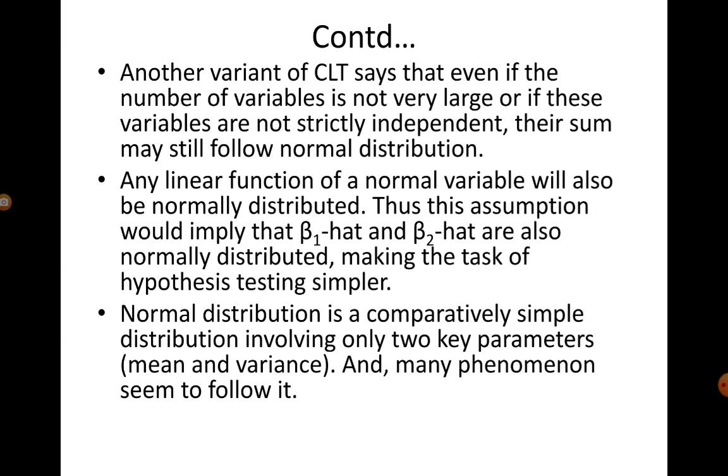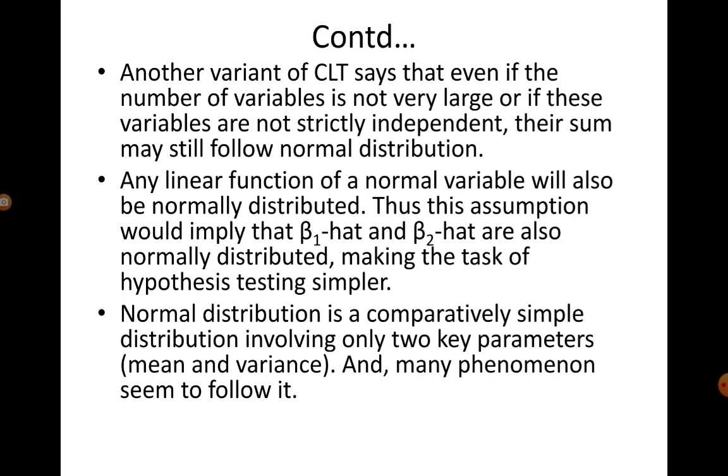The next one is a point to be noted. See, any linear function of a normal variable will also be normally distributed. Now I showed you earlier how beta 2 hat is ultimately a function of my error term ui. Beta 1 hat is also ultimately a function of the error term ui.